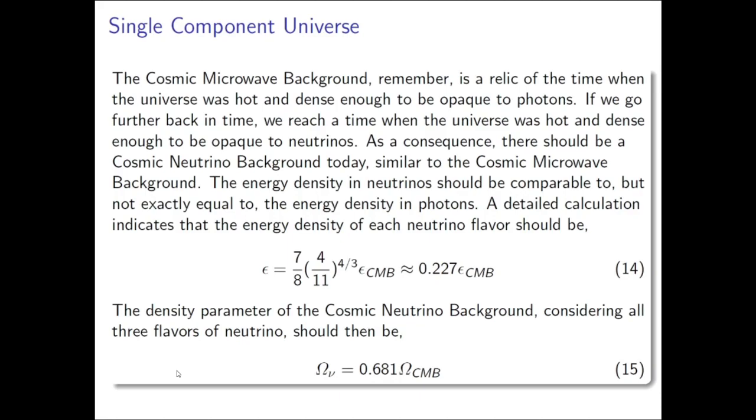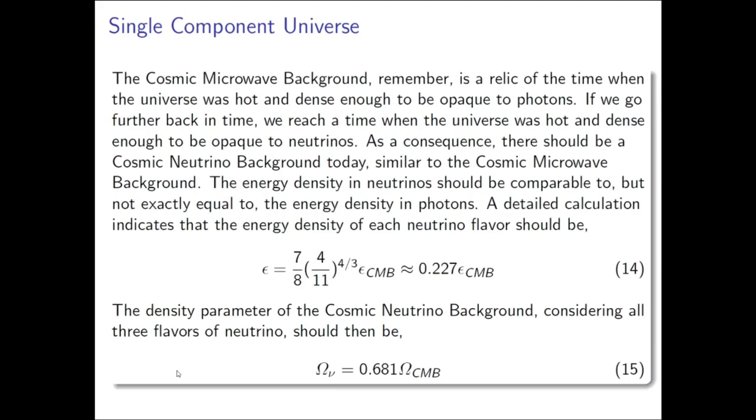At a point where the universe was hot and dense, it was dense enough to be opaque to the neutrinos as well as to the photons. As a consequence, there should also be a cosmic neutrino background today, similar to the cosmic microwave background.